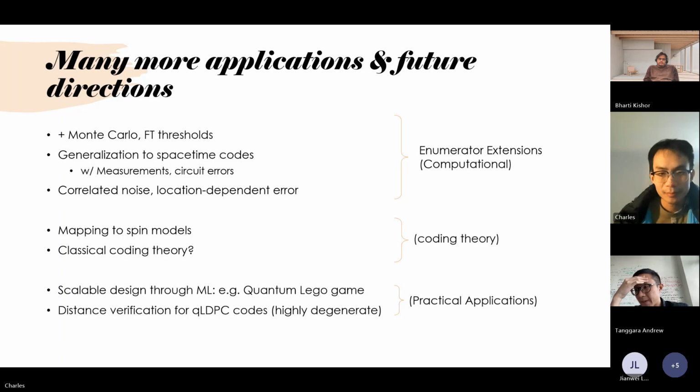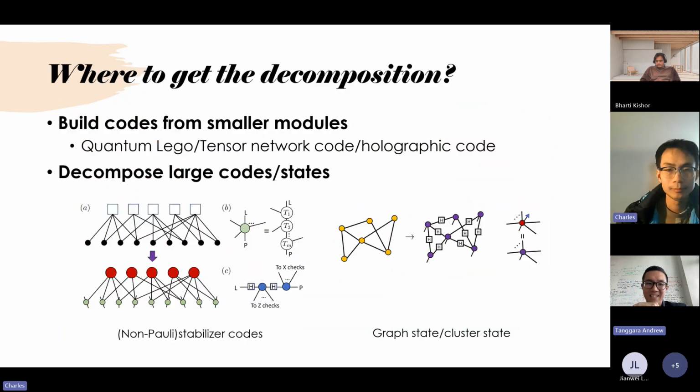Another question that I have: you mentioned that you need to be able to write your encoding isometry in terms of tensor network representations in order to use the tensor network enumerator. It seems to me that you should always be able to do that, because you could just write that as a sum over all the legs. What's the case where we are not able to write it in that form?